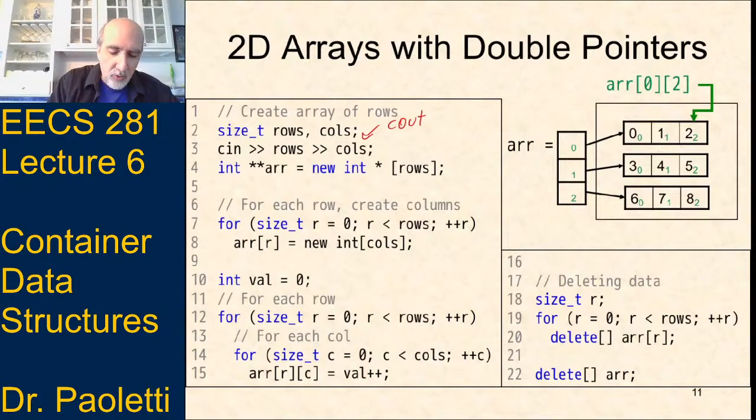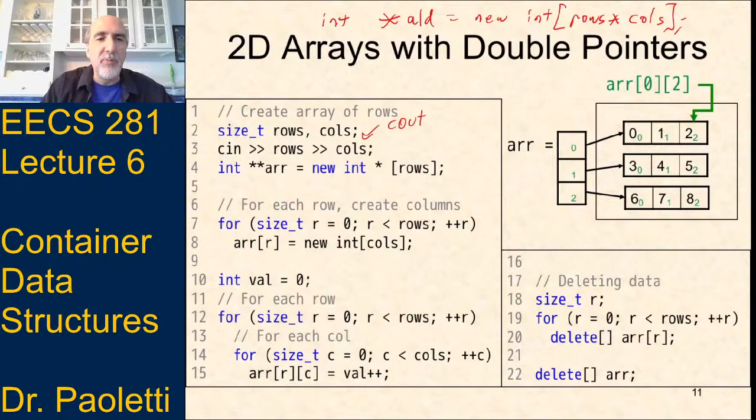If I want to do one-dimensional, I could say int pointer a1d is equal to new int rows times columns, or however big I wanted to make it. So here, because I'm creating an array of integers, I have a pointer to integers.